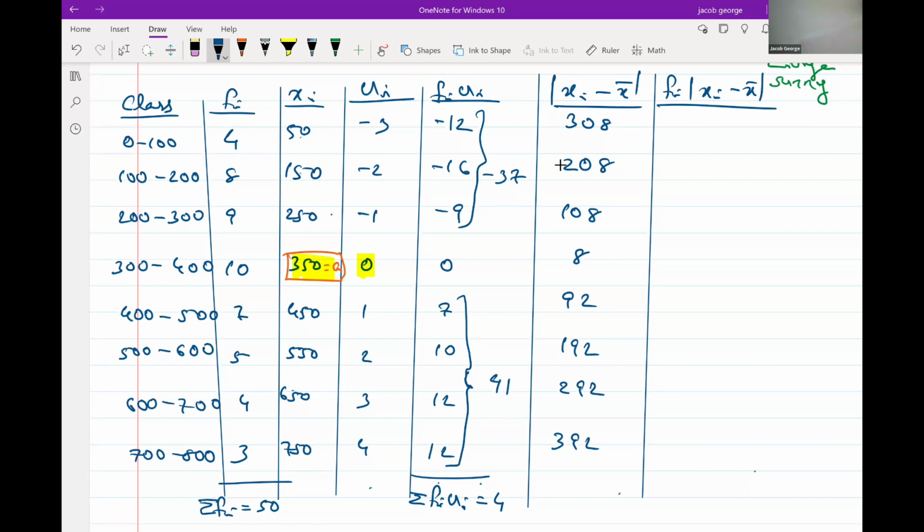What is 4 into 308? 1232. Next, 8 into 208. 1664.